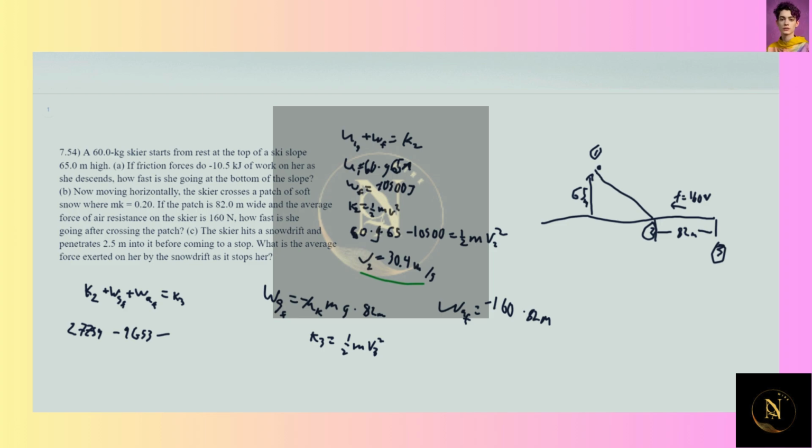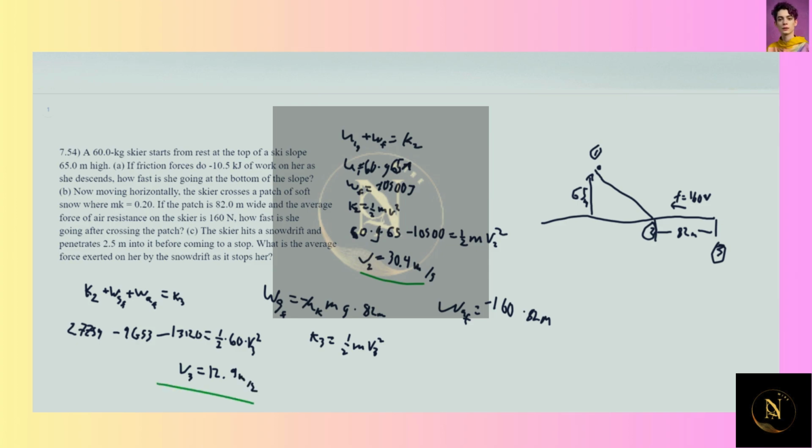And then our work due to air friction is going to be 13120 joules. And that's going to be equal to 1/2 times the 60 kilogram skier times velocity 3 squared. And then finding what V3 is, we find that is equal to 12.9 meters per second.